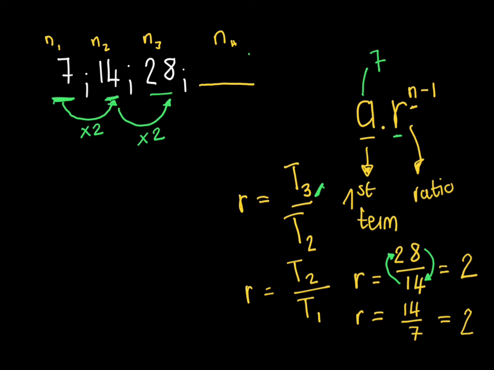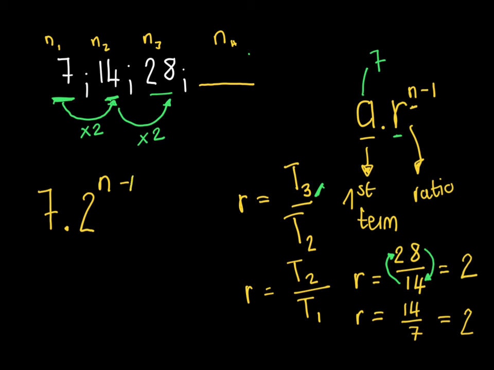Just one last thing. If we take our formula over here for a geometric sequence and we put it all together, we're going to have 7 multiplied by our ratio, which is 2, we've just calculated that, 2 to the power of n minus 1.